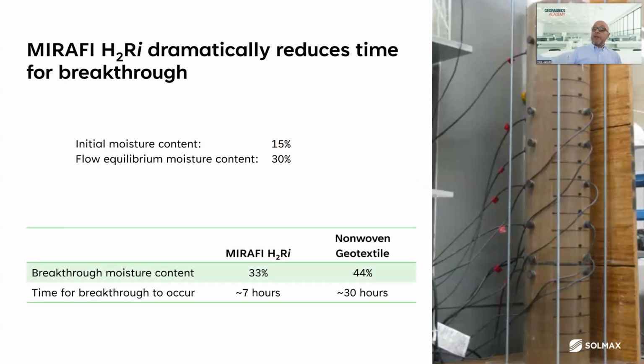Well, at breakthrough, for the non-woven, the water content climbed all the way up to 44%, which is basically saturation levels for that soil. And that was after 30 hours. While for the H2RI, we only had a slight increase up to 33%, and the breakthrough happened after 7 hours only.